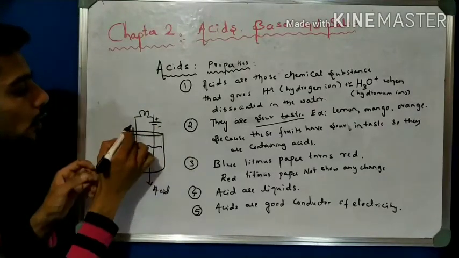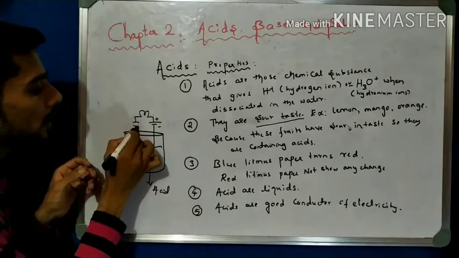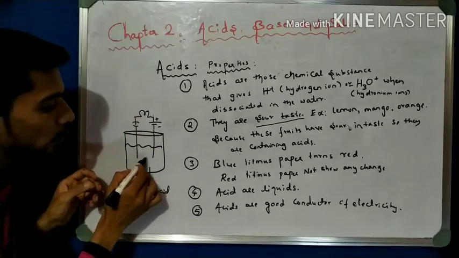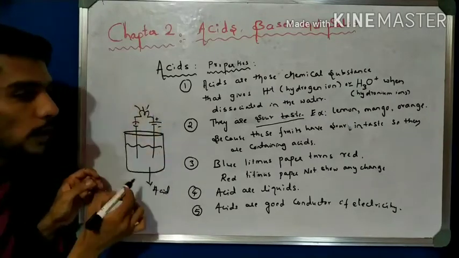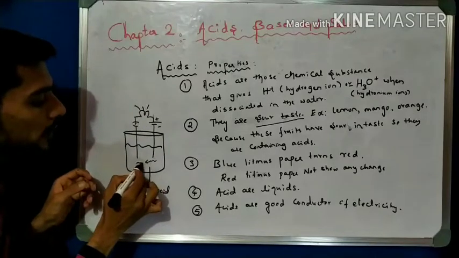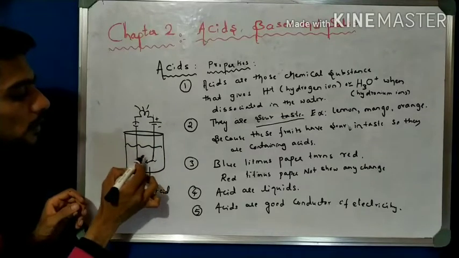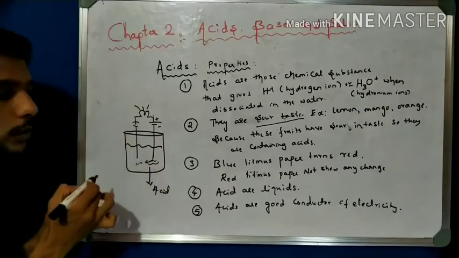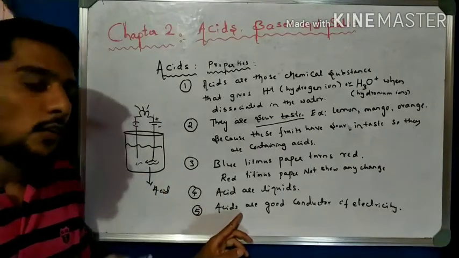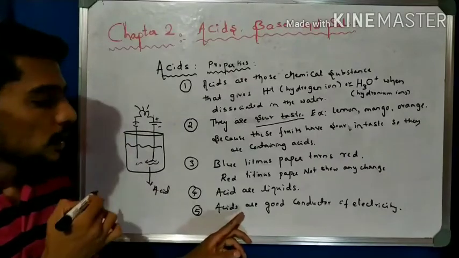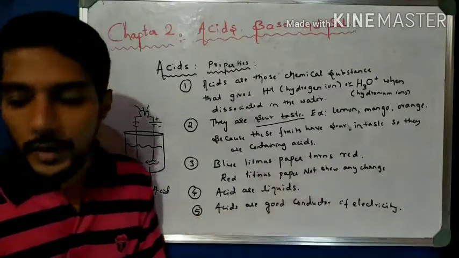When I switch on this circuit, observe that the bulb glows. That means the current flows through the acid, from this terminal to this terminal. So this means that acids are helpful for the conduction of electricity. So acids are good conductors of electricity.